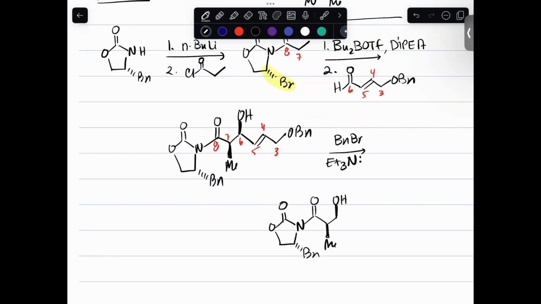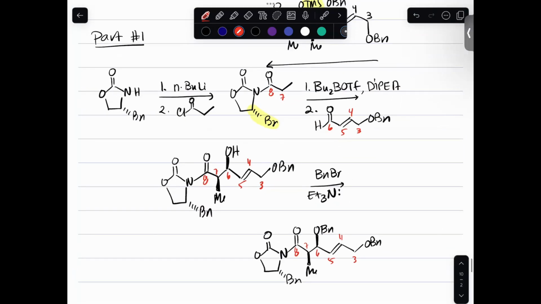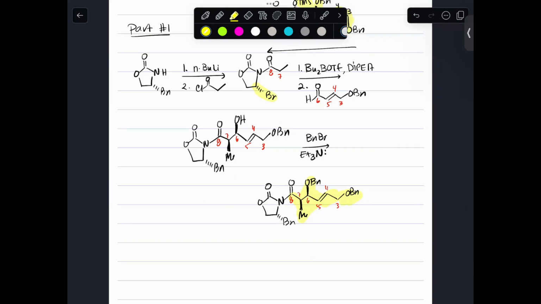And you can see that it's starting to look like part of our target structure. And see it highlighted. We've got our syn wedged product.